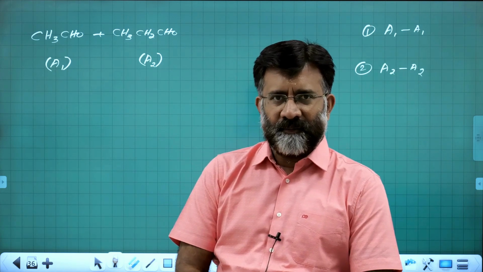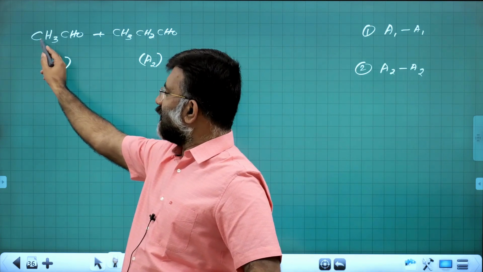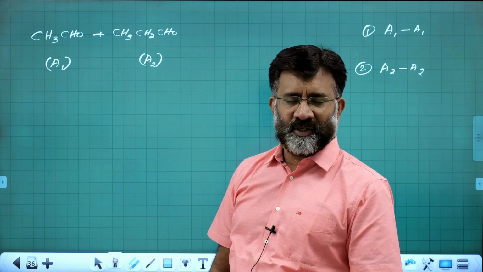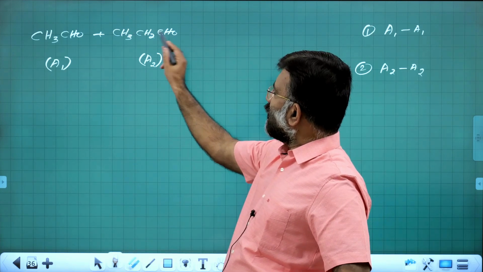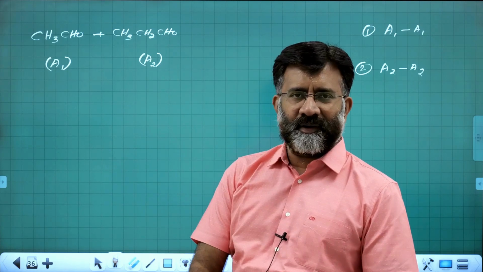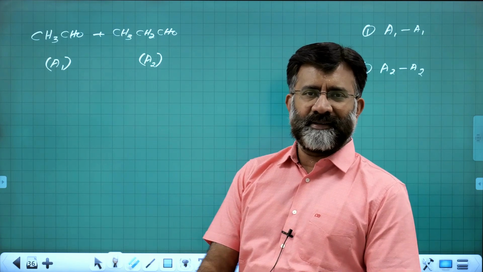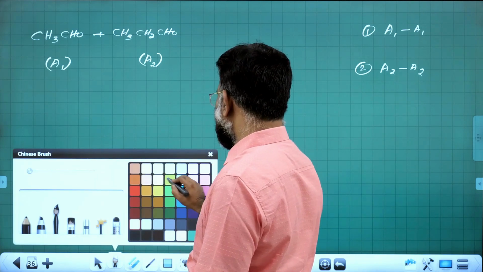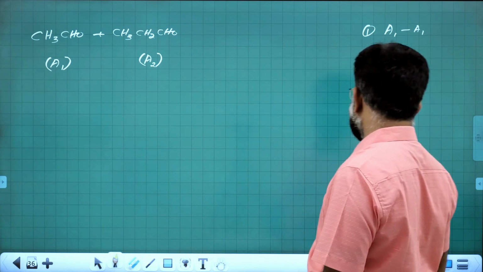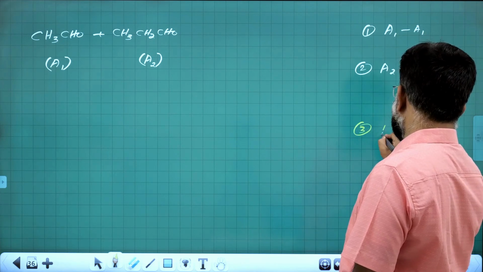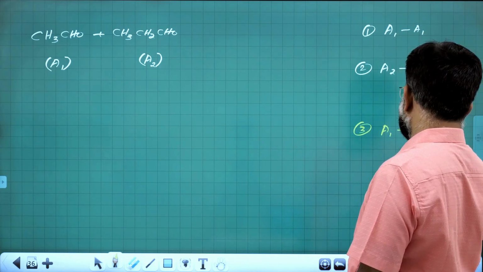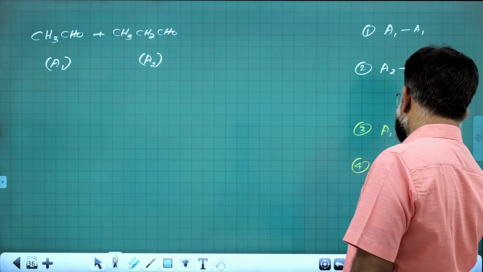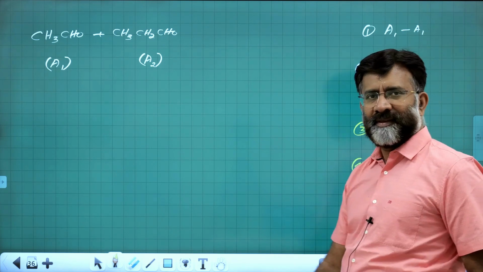So A1, which contains an alpha hydrogen atom, can participate in aldol condensation. It may give a self-condensation product. A2 also contains alpha hydrogen, can trigger the aldol reaction, can participate in self-condensation. And the other 2 possibilities: third, A1 can attack A2, and obviously the fourth, A2 can attack A1.